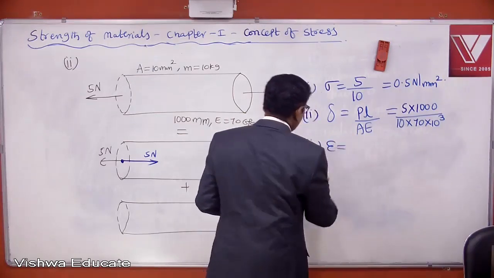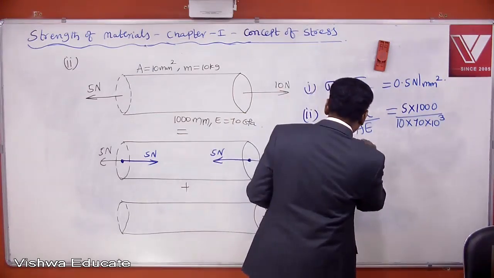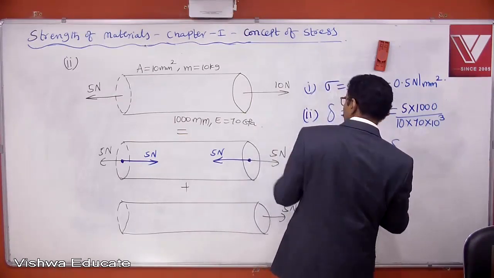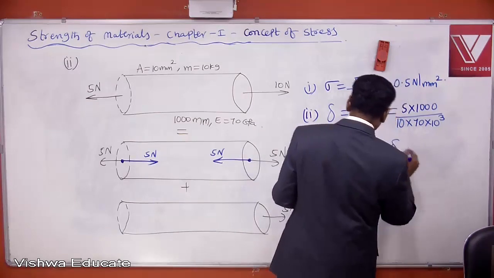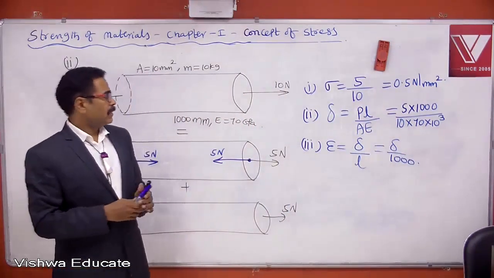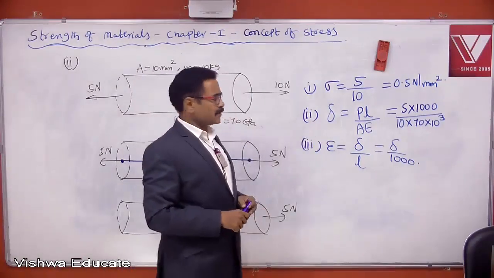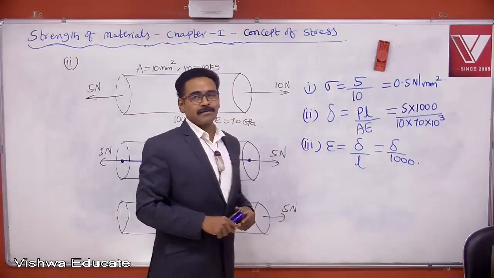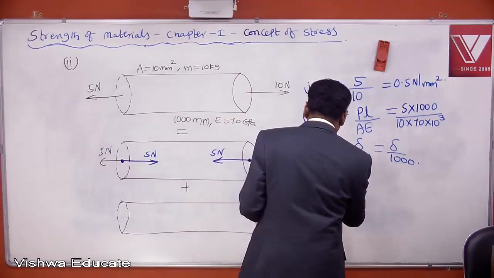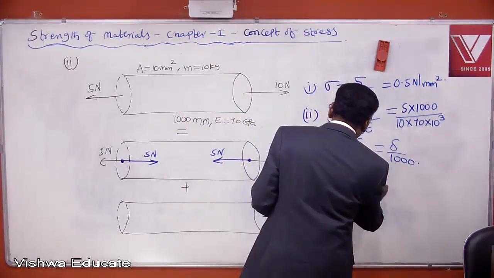So this is delta. Then what is strain in this bar? Strain is equal to deformation by original length. So delta by L, where L is again 1000. So this bar is carrying stress. This bar is undergoing deformation. This bar is straining also. And strain energy stored by bar is given by half into P into delta, right?